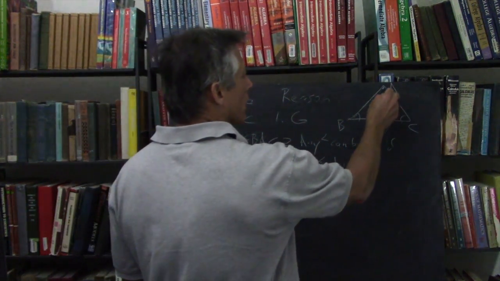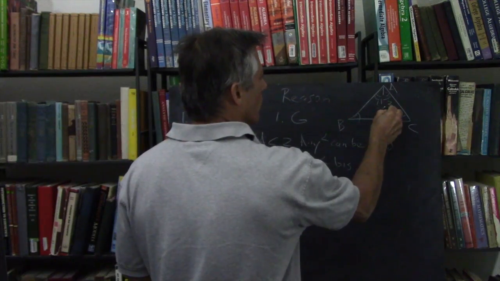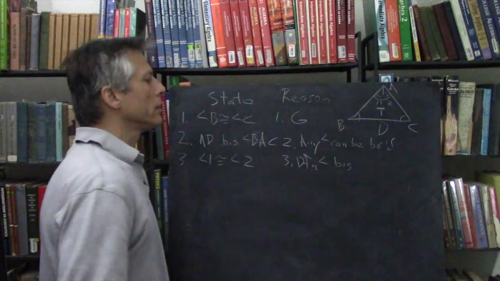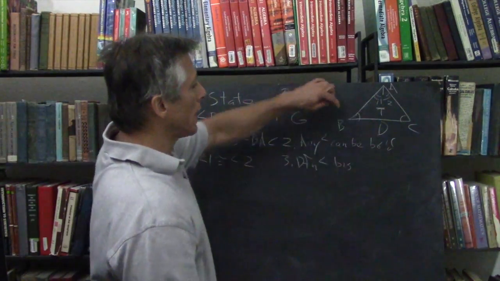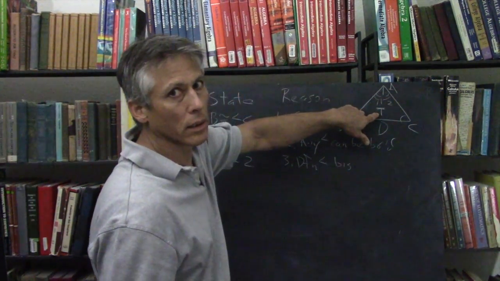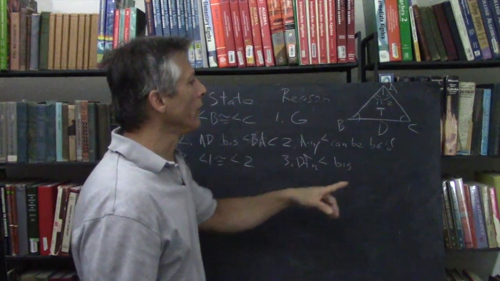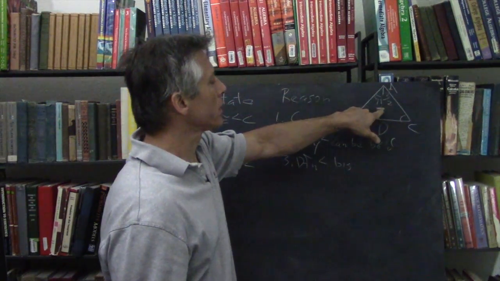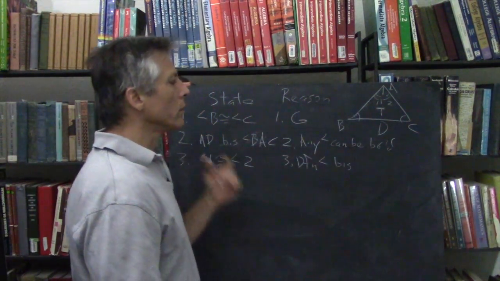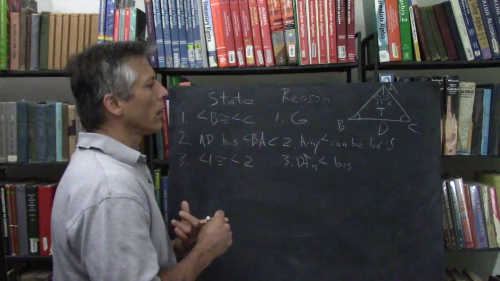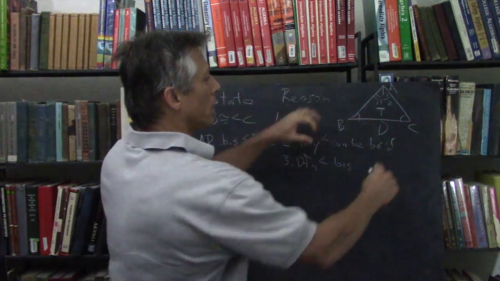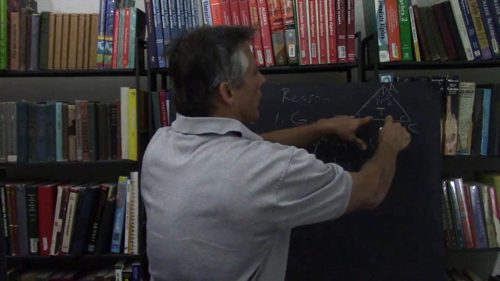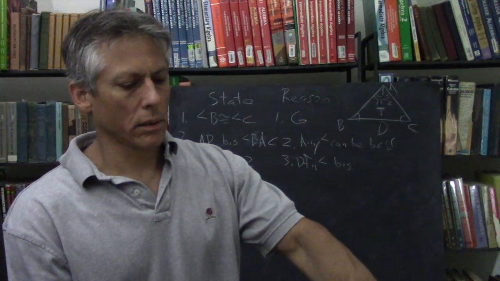So we see that they do have this line in common. AD is the same in each one. If we could just get two angles on it, because now we have angle, angle, side. And that's a theorem, but we haven't proven it yet. But what we can do is say that because of one of our theorems, if two angles of a triangle are congruent, the third must be congruent.